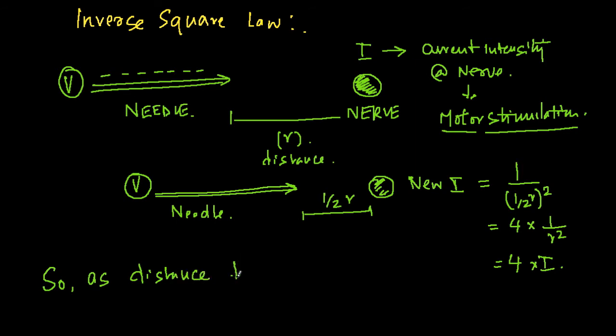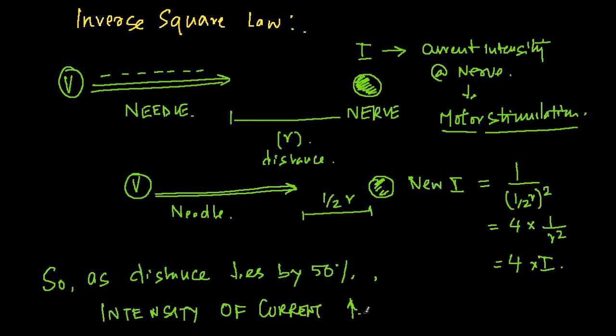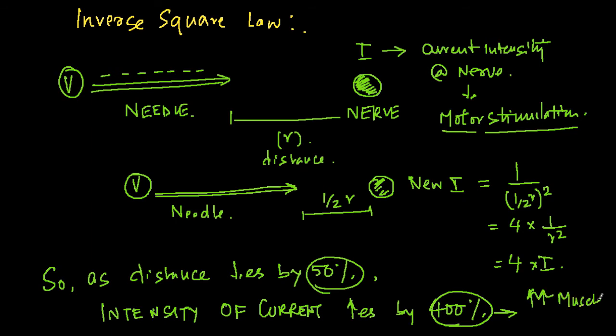And therefore, as we reduce the nerve and needle distance, in this case by 50%, we get an increase in intensity of the current at the nerve by over 400%. Basically this means that we are going to get a very high amount of motor stimulation and muscle contraction at the nerve end.